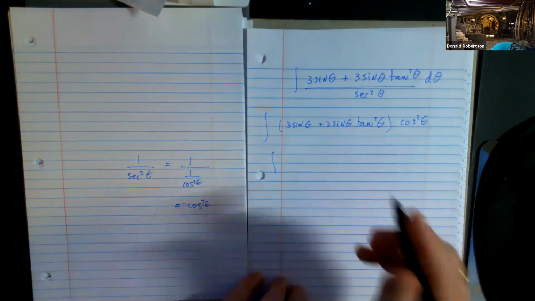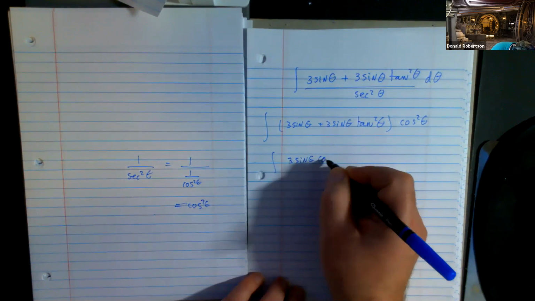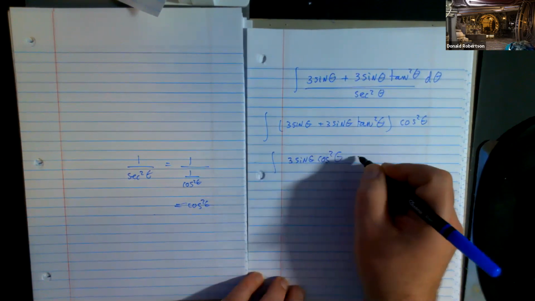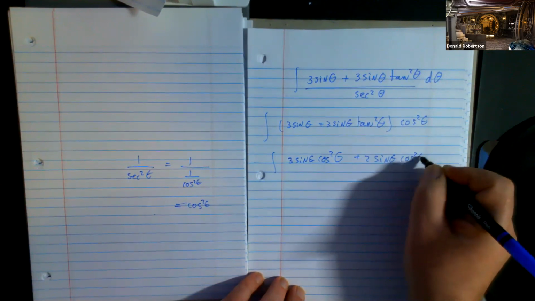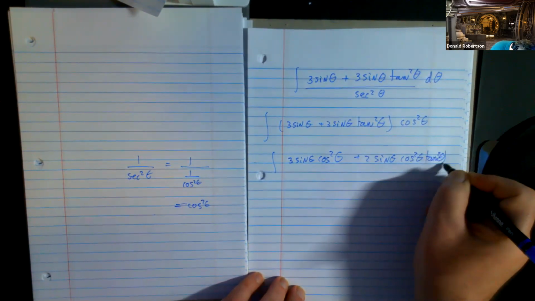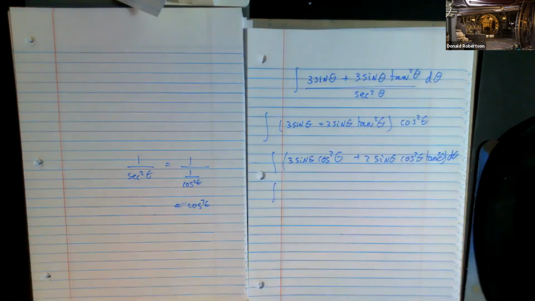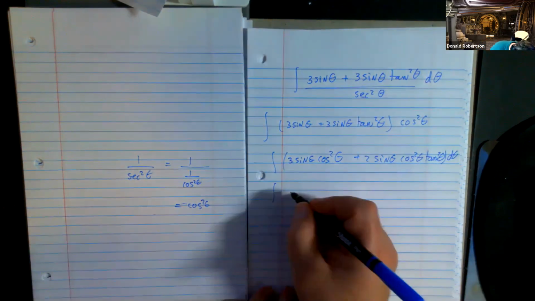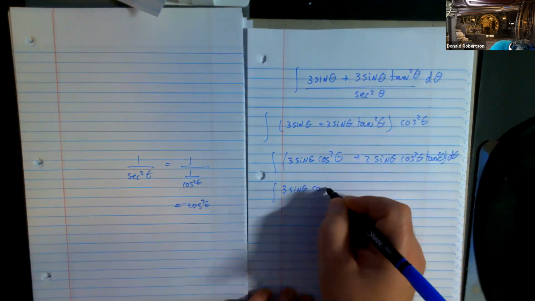Right. So I'm going to multiply these guys out. Let's do it in order since I said that. I'm going to do this guy, cos squared theta, plus 2 sine theta cos squared theta tan squared theta. And sometimes you have to trust the math here. It looks like I've made it worse, not better. But hold on, I can still do a little bit more and something really nice is going to happen.